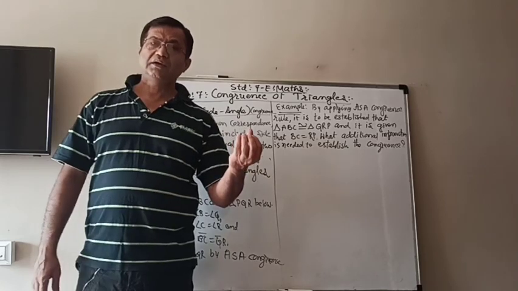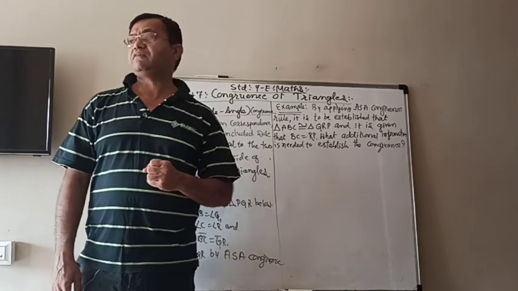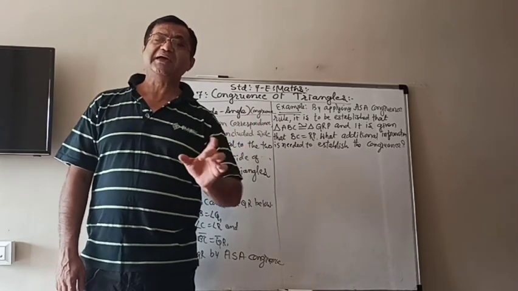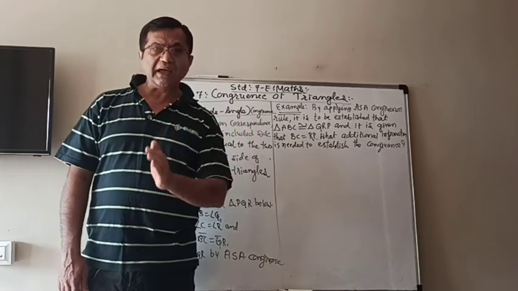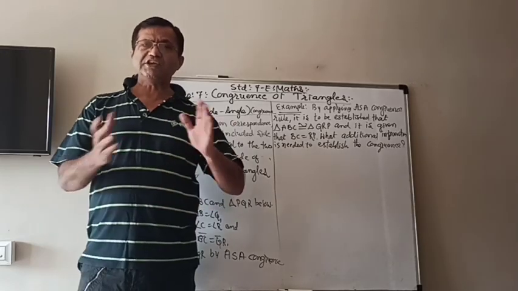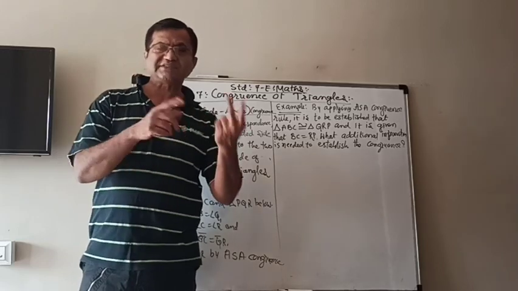Now the third criterion we are going to learn today is the ASA, that means angle side angle congruence rule. It is quite similar to SAS, only the places of S and A are changed.